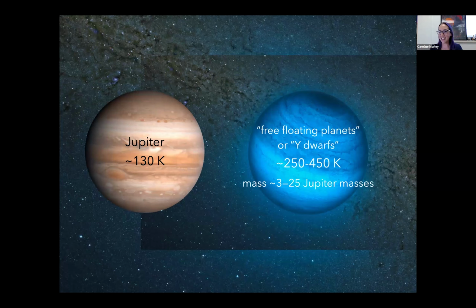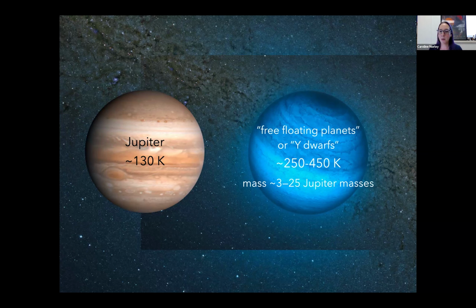So these are objects that are just free-floating, planet-sized objects. They're about the size of Jupiter. They tend to have masses that are a little bit higher than Jupiter, something like 3 to 25 times the mass of Jupiter. We think most of them formed like stars. They're a really rare kind of runt of the litter of star formation, where you end up with these small little objects just floating by themselves in space.